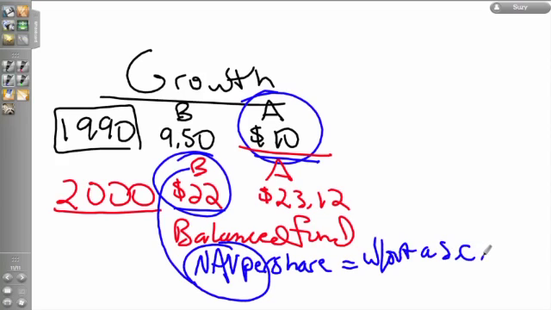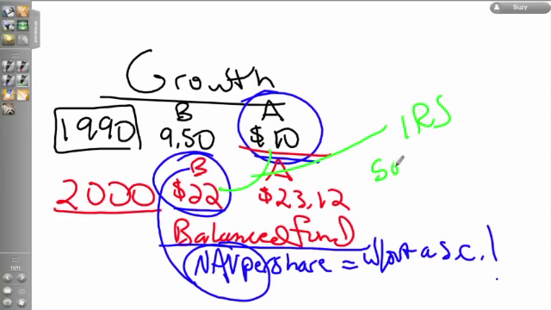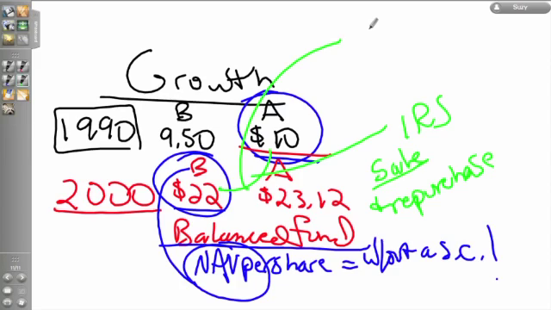That is the privilege, that you can go into this other fund within the same family and not have to pay a sales charge. But along comes the IRS and says that for tax purposes, this is a sale and repurchase. So in this example, you paid 10, and when you exchange, they're worth 22. You have a $12 per share long-term capital gain. And I forgot to tell you that you had 100,000 shares.